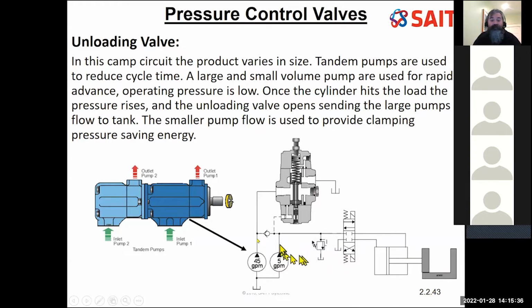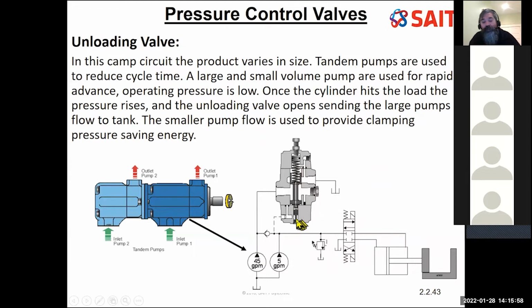Wasted energy. Instead of 50 gallons a minute of wasted energy, it's 5 gallons plus a little bit, whatever the setting is here. So I only use the small pump to do the heavy lifting. I use the small pump with the big pump to do the quick work that I need to do in my process through using this as an unloading valve.